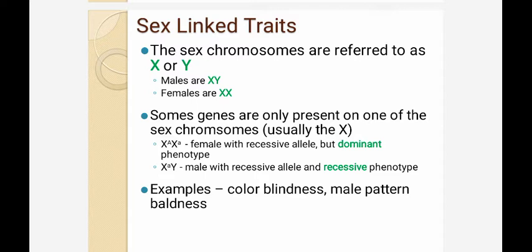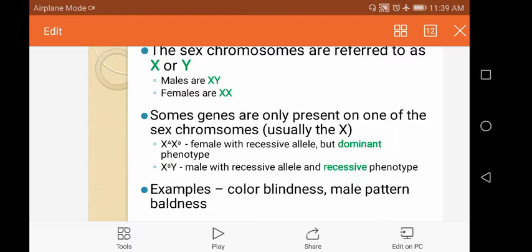Some genes are present in only one of the sex chromosomes, usually the X. XA Xa is a female with a recessive allele but a dominant phenotype. XaY is a male with the recessive allele and recessive phenotype. Examples: color blindness, male pattern baldness.